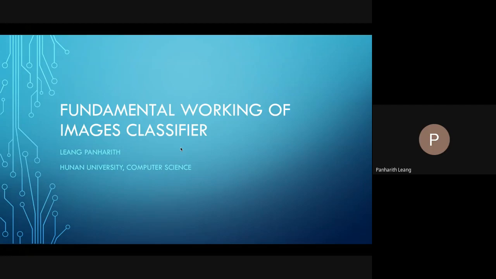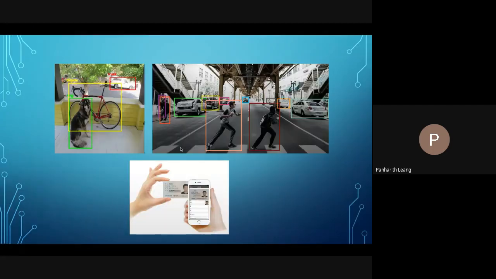So before we start, let's look at some current technology that exists in image recognition or computer vision. We came a long way in this technology, from just simple stuff to now being able to detect objects in an image and identify what they are, or even read the text from an image and see what it is.